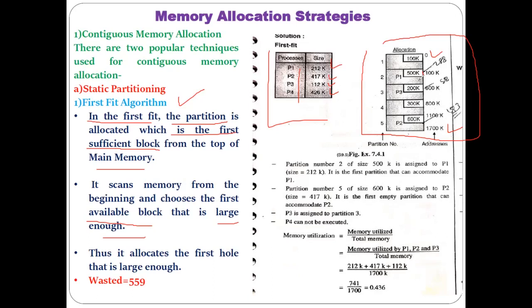So this 1700K is divided into five partitions of different sizes. Now we have to allocate memory for P1, whose size is 212K.